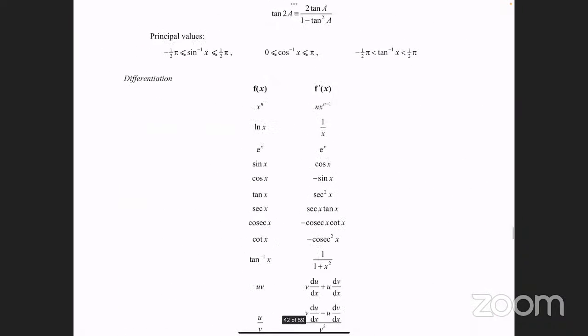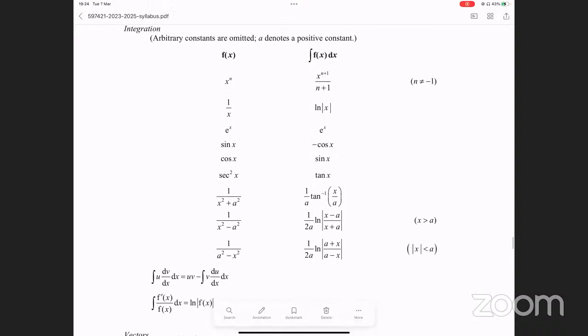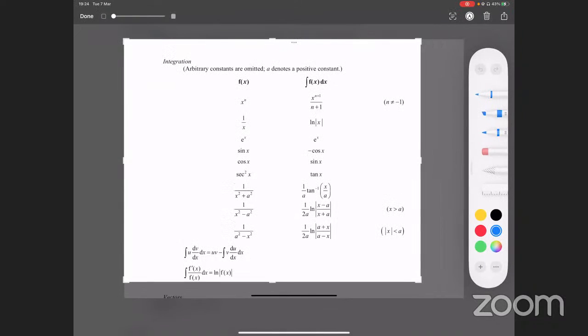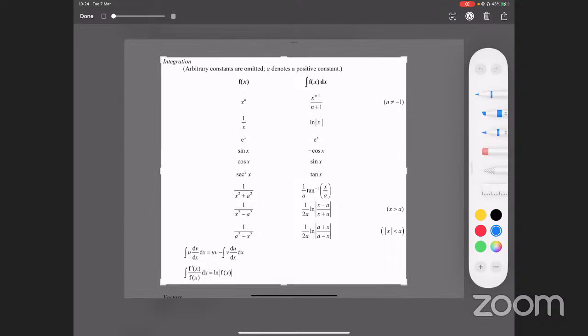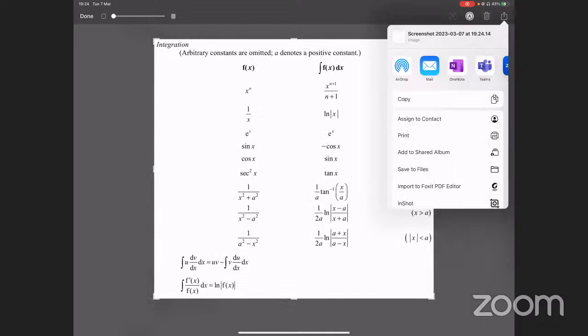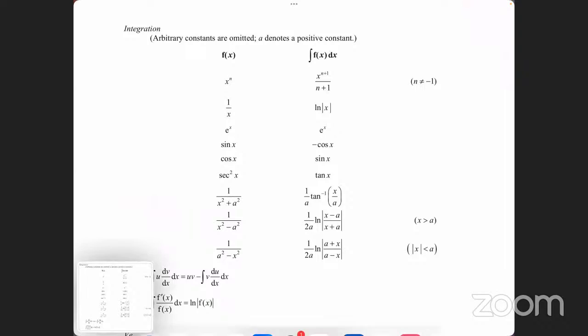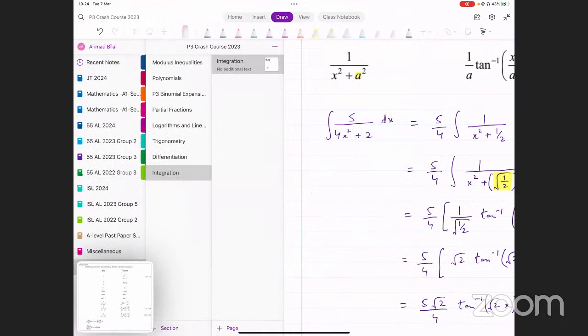Okay, so this is the integration page on the formula sheet. Let me actually just copy this here. We'll need this later as well. This is the whole page that you have for integration in the formula sheet, and you see, this is the formula that you are given there.